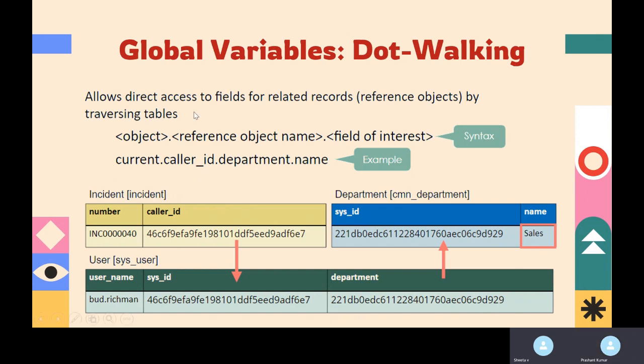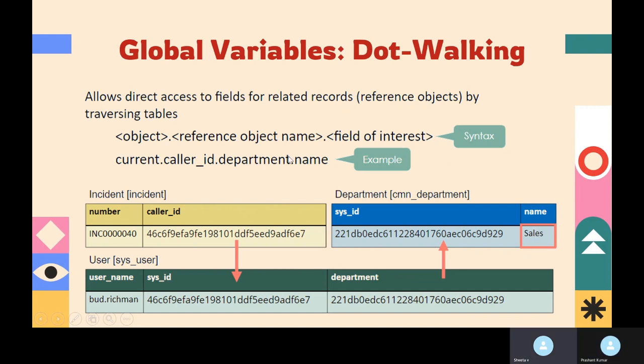And now you will see we are getting direct access to fields for related records. Suppose we are getting current dot caller ID, so they will get the sys ID. And suppose they are getting current dot caller ID dot department, then also they will get the sys ID. But they have used current dot caller ID dot department dot name, so they will get the display value, like sales.